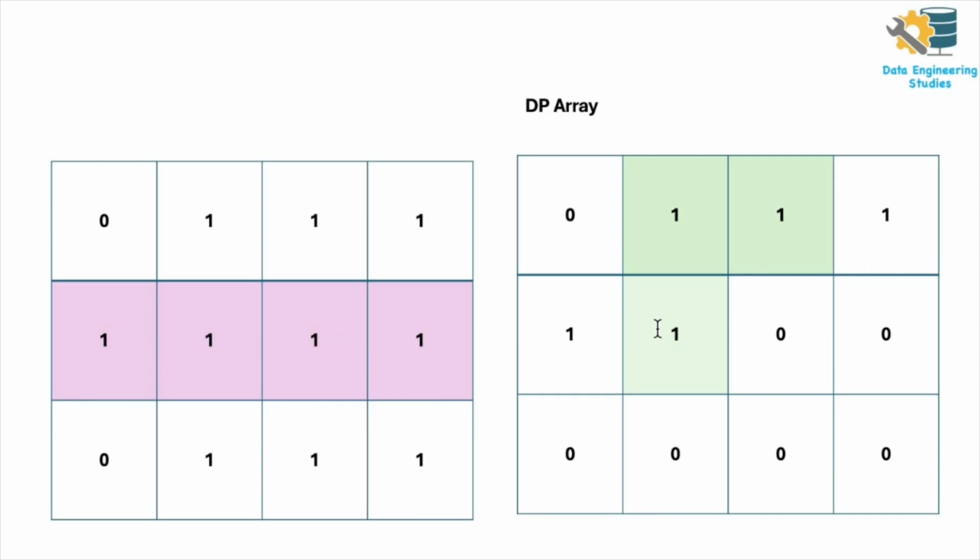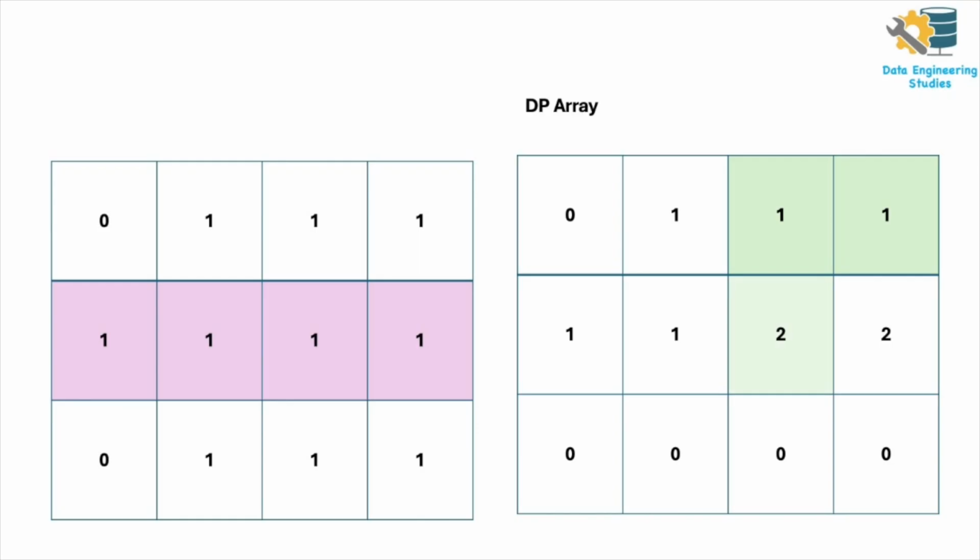So we check all 3 sides of the DP array, and we take the minimum. The minimum is 1, and we will add 1 to the minimum. So 1 plus 1 makes 2. The next cell is also 1. So we will check all 3 sides of the DP array, and take the minimum. The minimum value is 1. So 1 plus 1 makes 2.